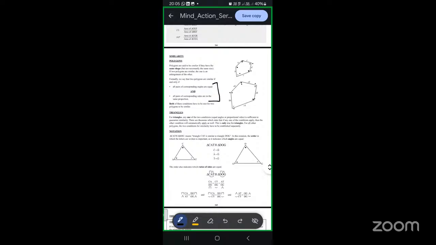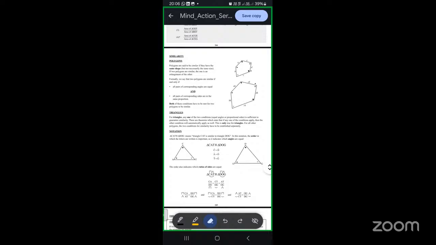All pairs of corresponding sides are in the same proportion. If this is a, this will be Ka, the scalar multiple of that corresponding side in the smaller polygon. I believe that makes sense to you guys. Does it make sense? Those are the two conditions that need to be met in order for us to conclude that two polygons are similar.